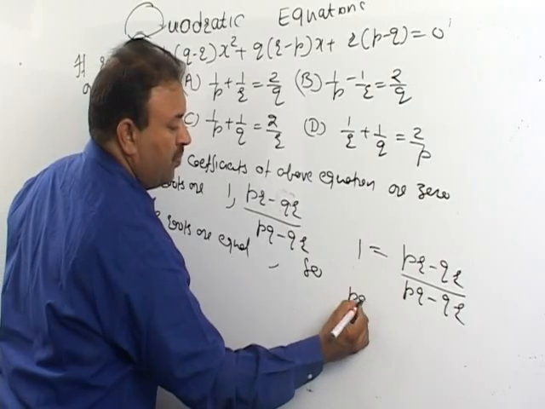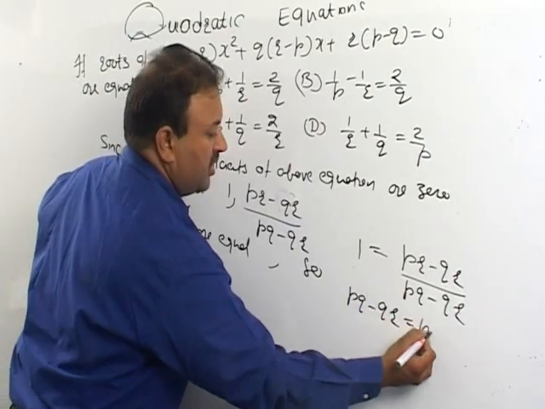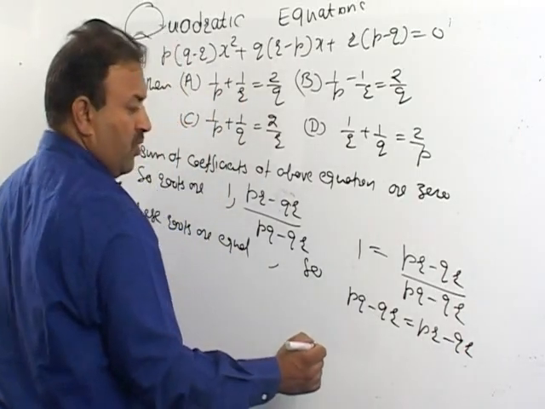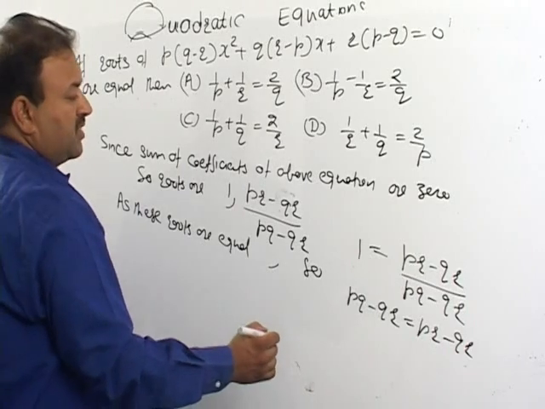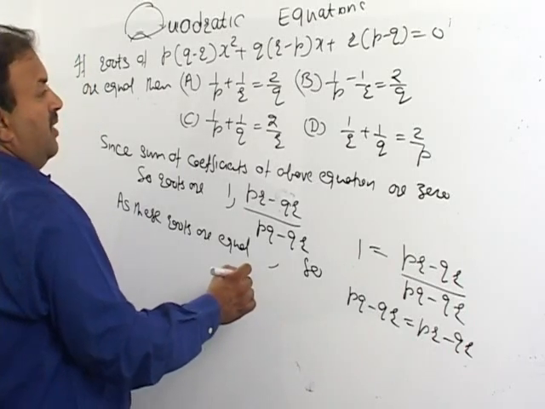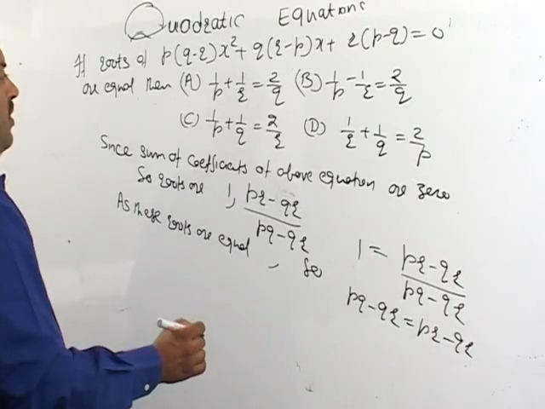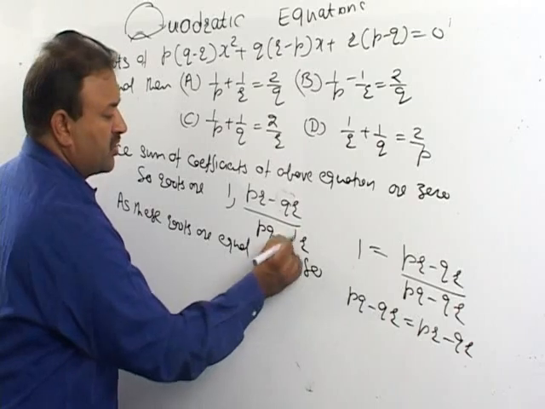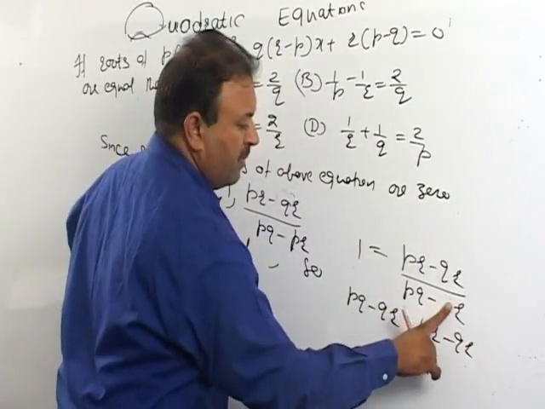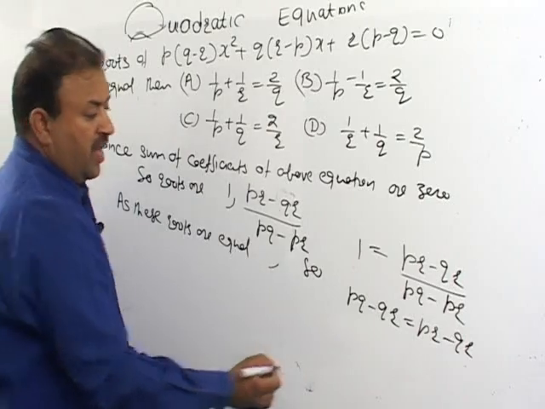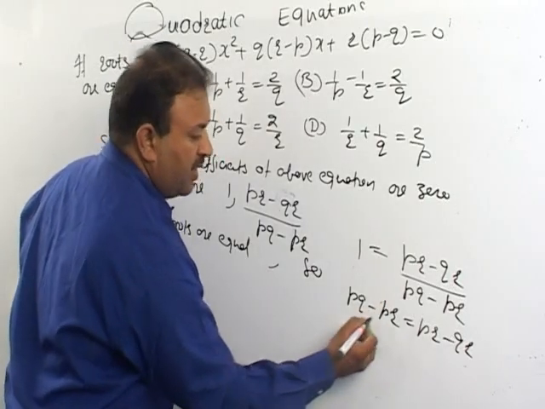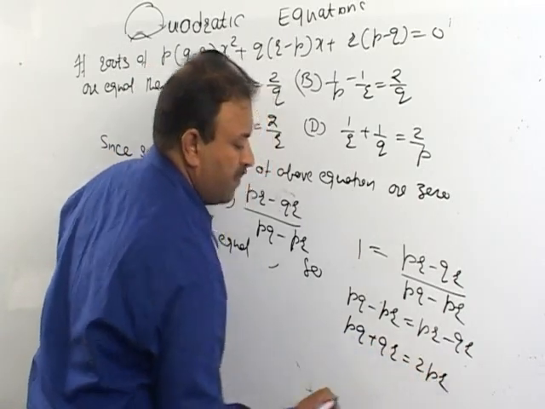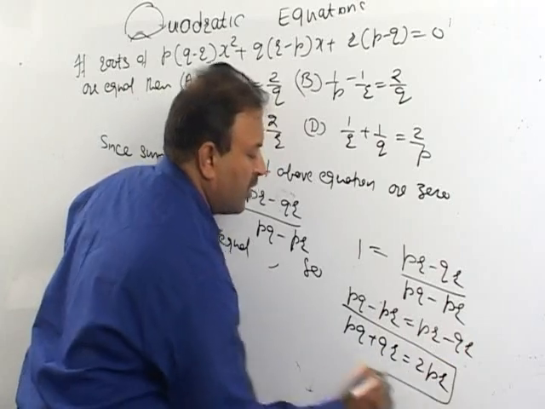We get pq minus qr is equal to pr minus qr. Just make one correction, here it will be pr. Then cross multiply: pq plus qr is equal to 2pr. This is the result we got.